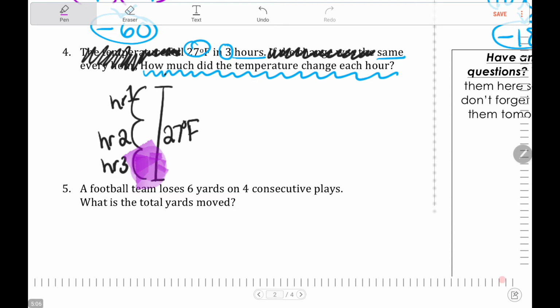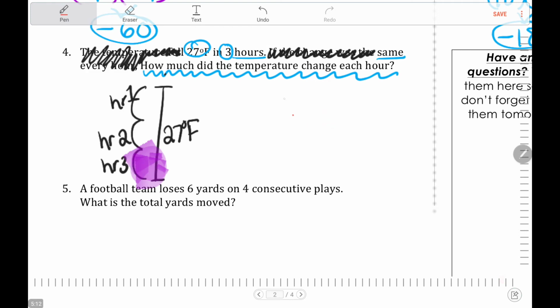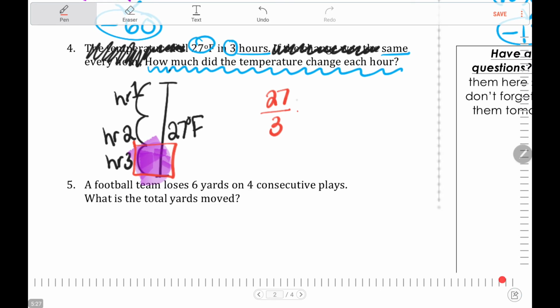All right, so what is happening in that hour is what operation? So if I'm just figuring out one chunk of this, that's division. So 27 degrees divided by 3 is going to get me how much it fell each hour. And if it's falling, that means it's going down.